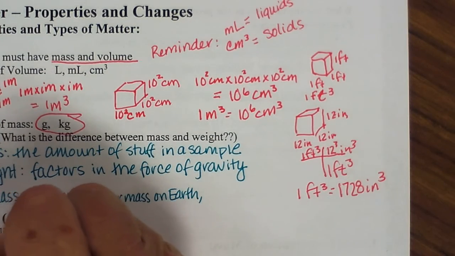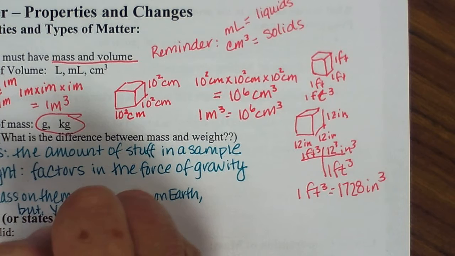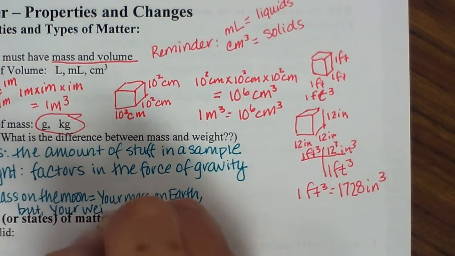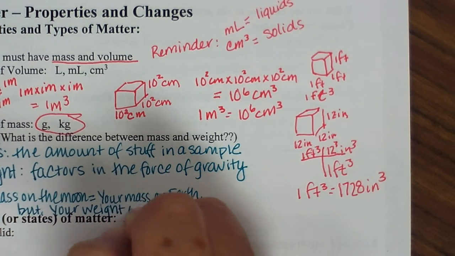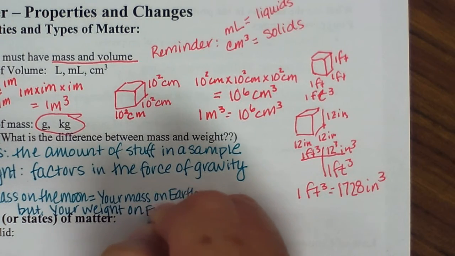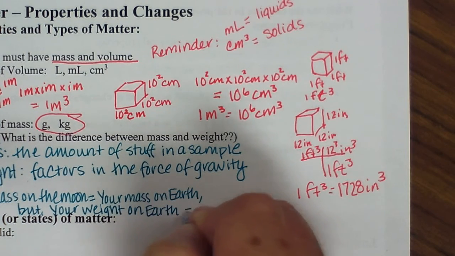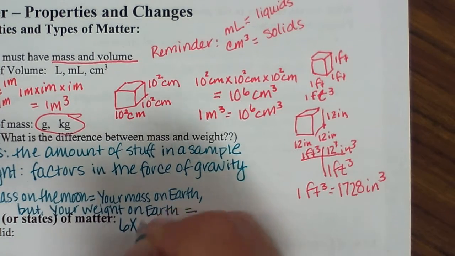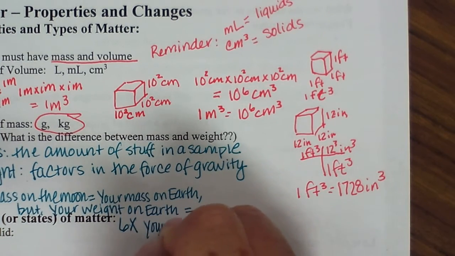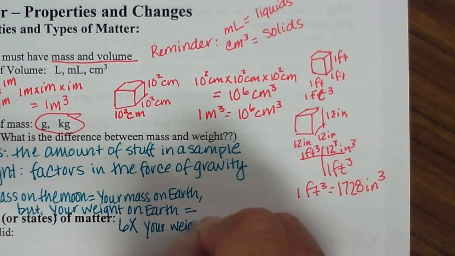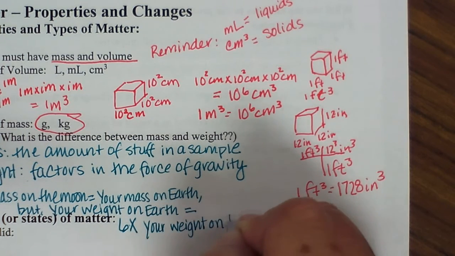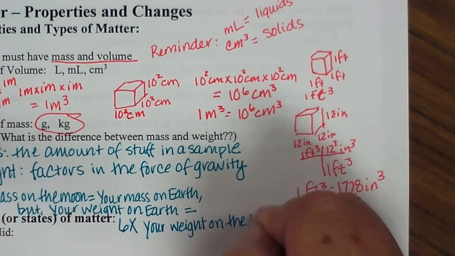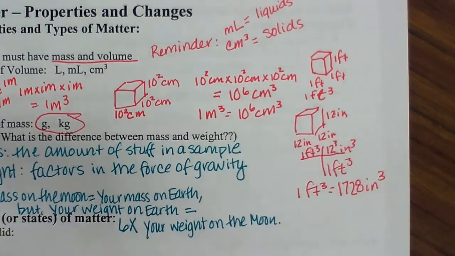But your weight on Earth equals 6 times your weight on the moon. That's a pretty large difference, and it's because the gravity here on Earth is 6 times that on the moon. Okay? All right. So what's next?